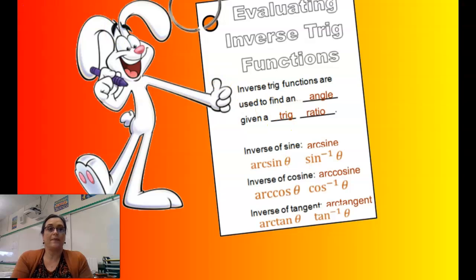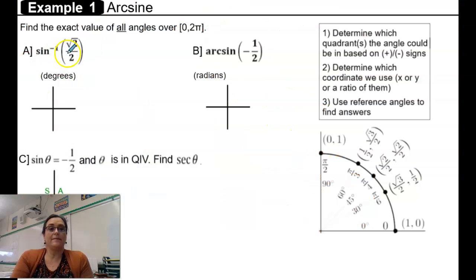So in example 1, we're asked to find all the values for the arcsine of the square root of 2 over 2 over the interval, if it was radians, 0 to 2 pi. In degrees, it would be 0 to 360. And the sine is the y-coordinate. So when we look at the first quadrant, everything is positive in quadrant 1.